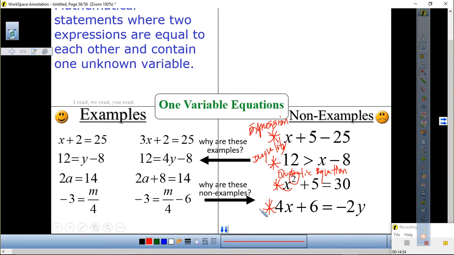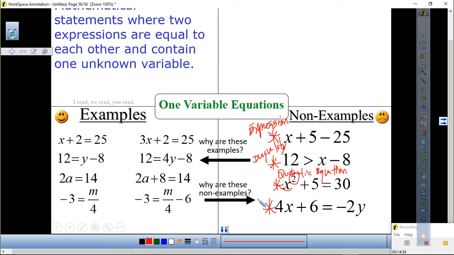Last example, pass it to someone. Christine? This one's not a one variable because it has two variables. So, Christine, this is not a quadratic. What would be another name for this one?